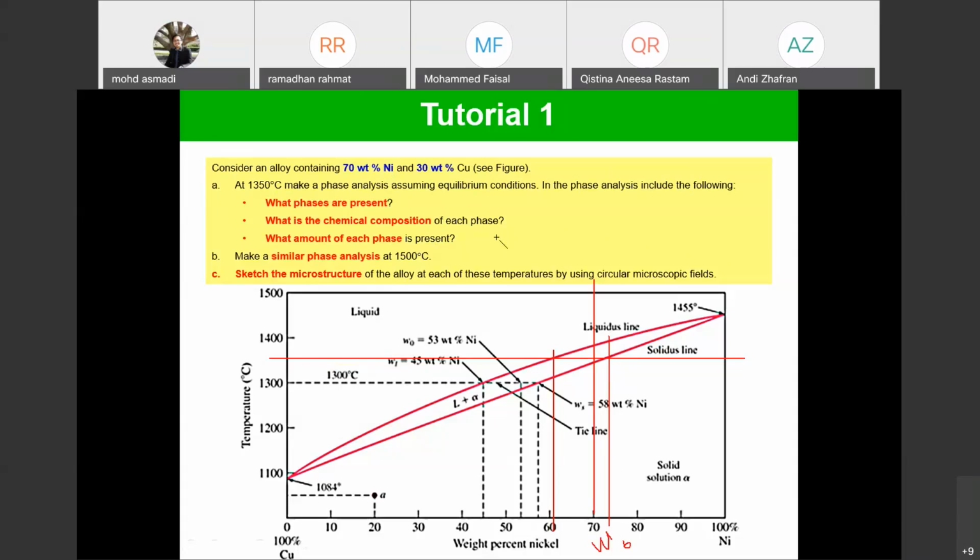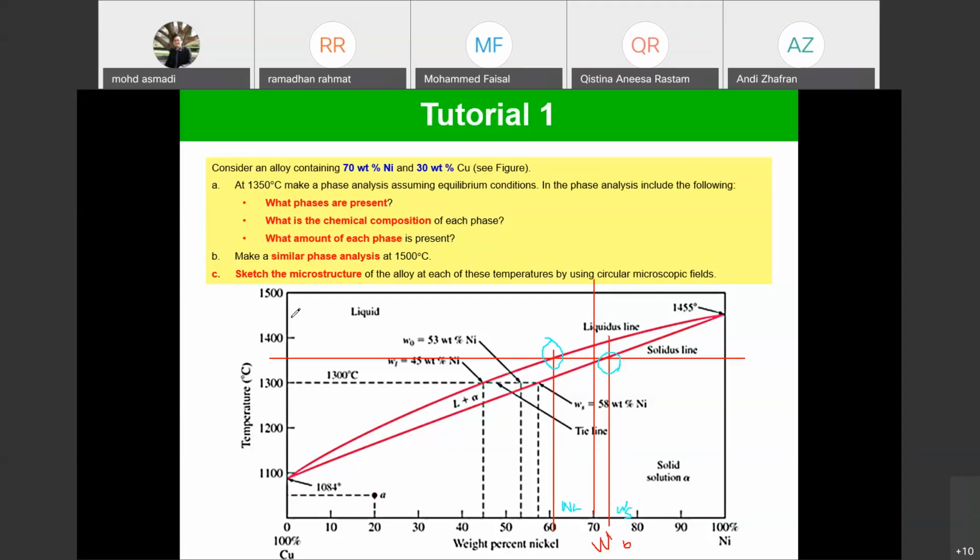It touches the solid and liquid phase boundary. So if you look at here, this one is WL, this one is WS. So what is the answer for A2? And then what is the amount of each phase present?